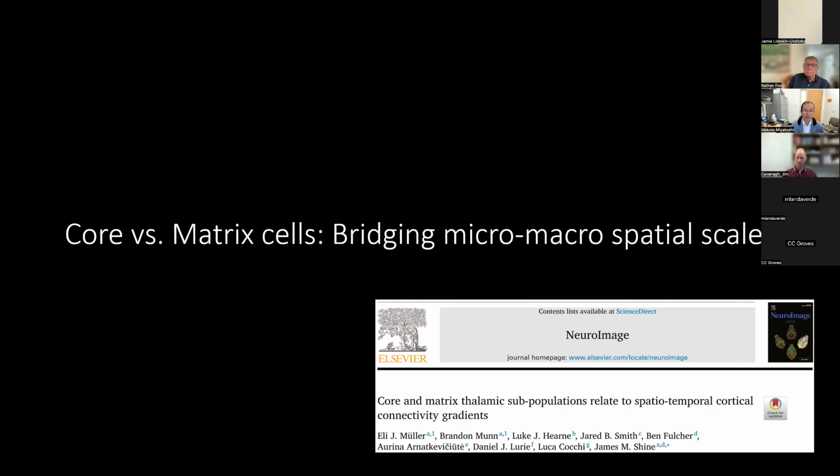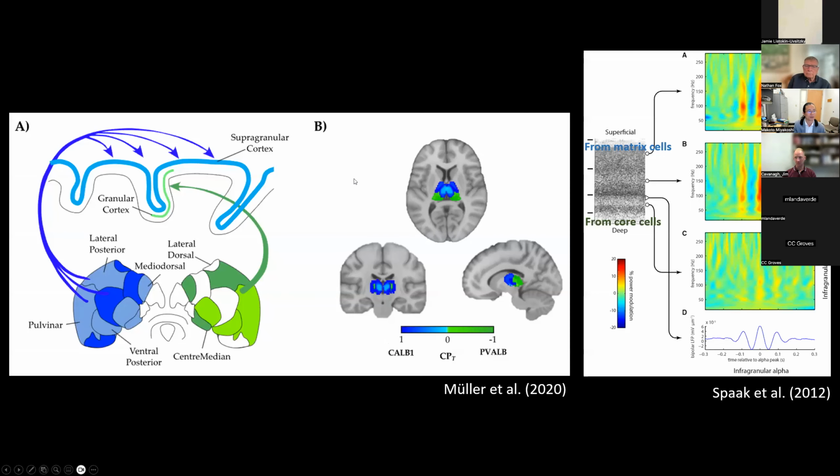There is another interesting property of the thalamus, which helps us to connect the micro and macroscopic spatial scales. In this paper, these authors argue the difference between the matrix cell and the core cell. The core and matrix difference is that this blue is the matrix, and matrix means diffusive.